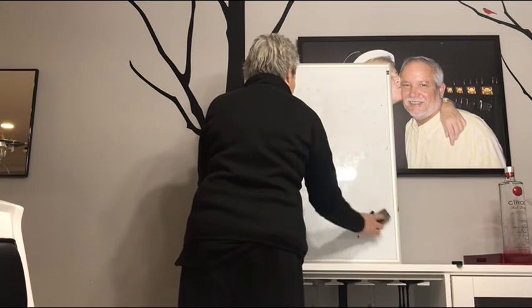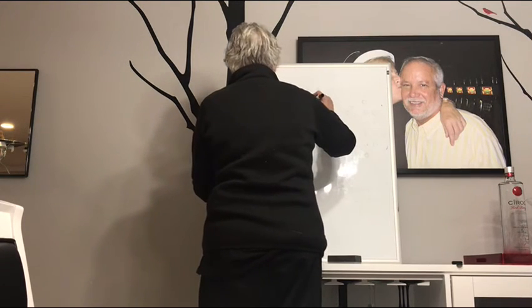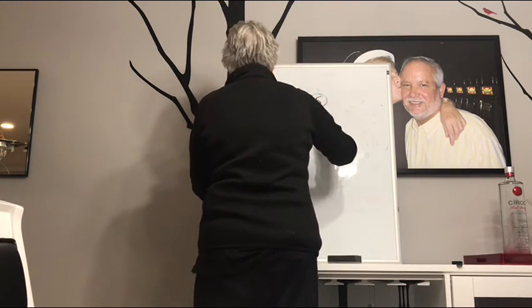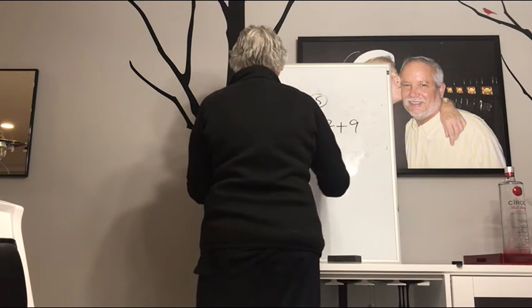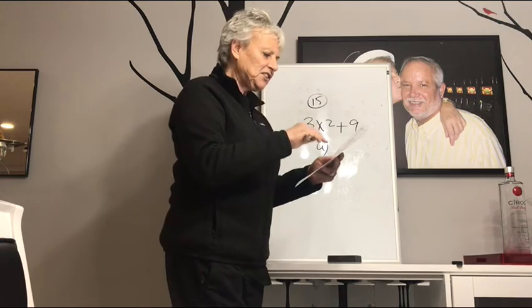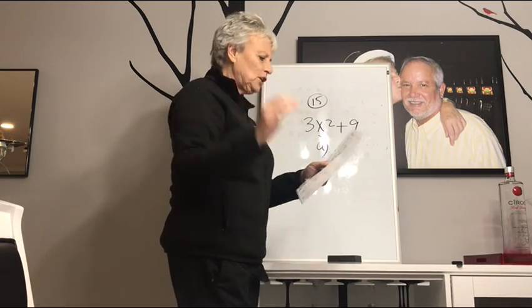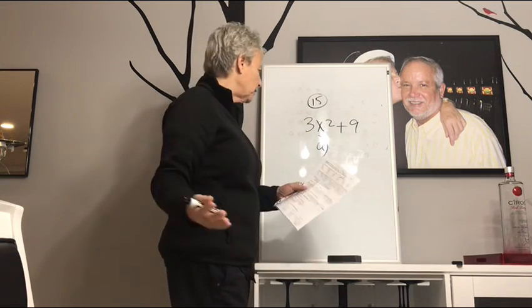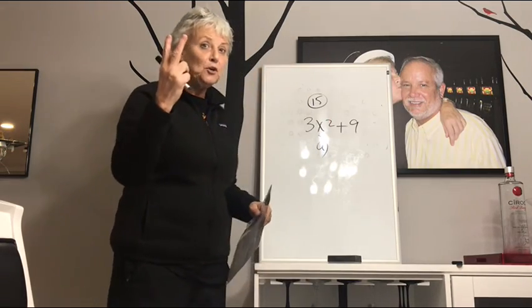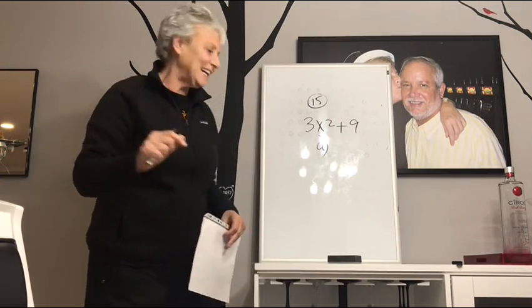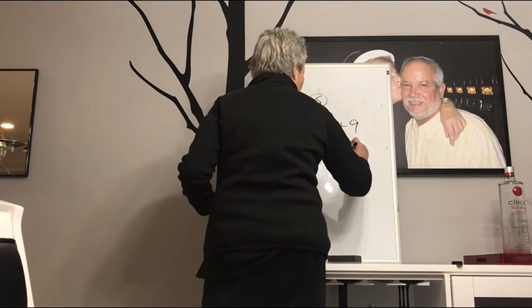And I do want to do one, since I do have enough time, I think. Number 15 is 3x squared plus 9. First you're supposed to say, is it a constant, linear, quadratic, cubic, 4th degree, 5th degree, or whatever? This has a degree of 2. That is a quadratic. So A is quadratic.